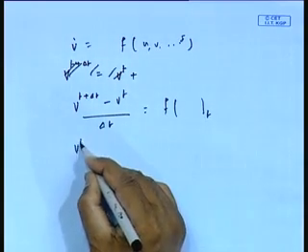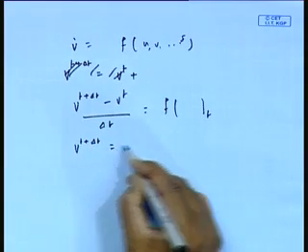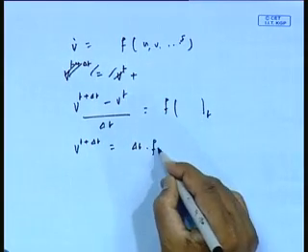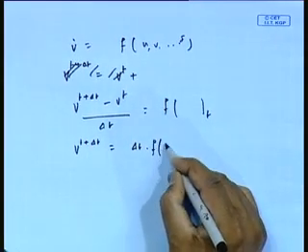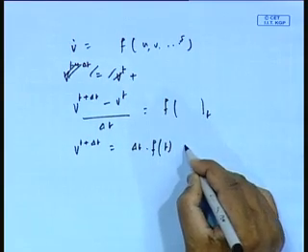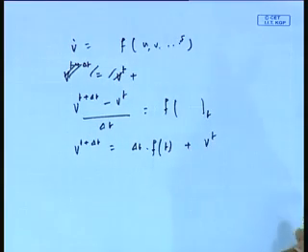Therefore, v at t plus delta t becomes delta t into f at t plus v at t.